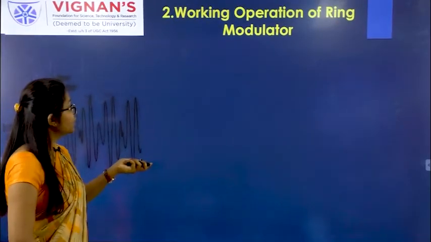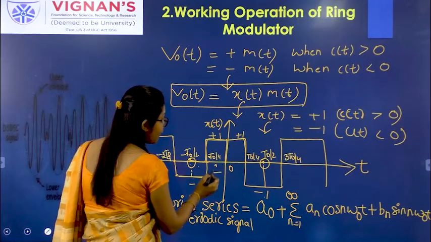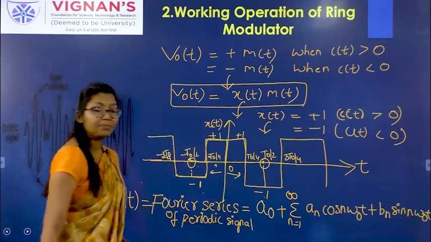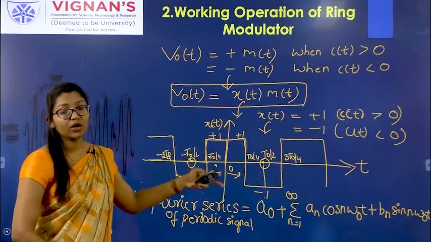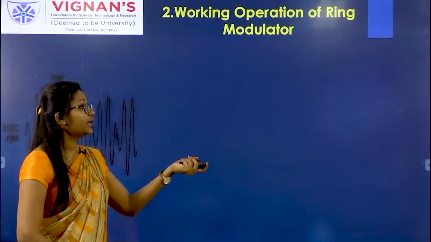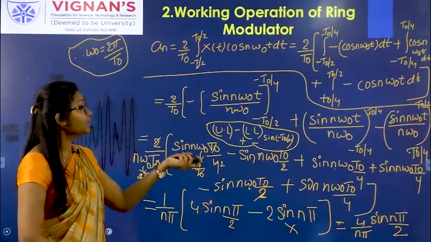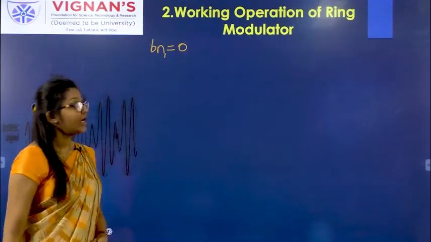From 0 to this part and 0 to this part, both are symmetric. As it is a symmetric, even periodic waveform, the bn value will be 0. So no need to calculate. If you want to calculate, you can, and even then it will appear as 0.